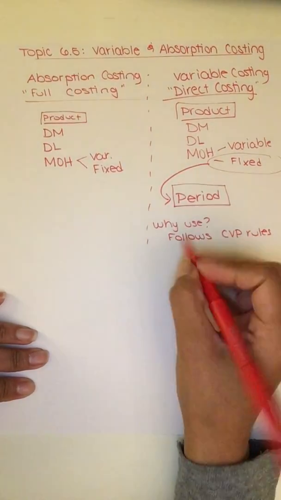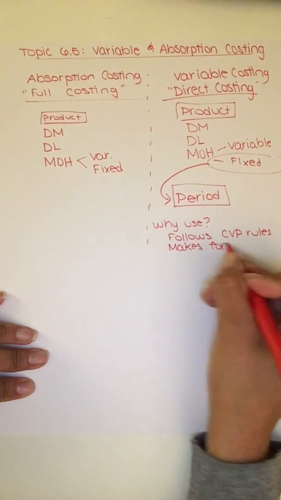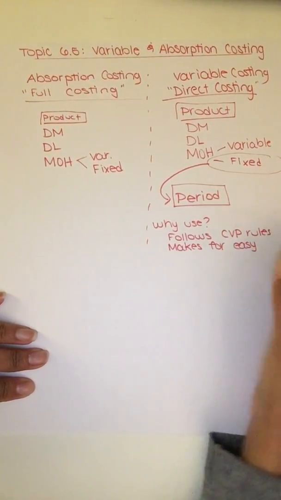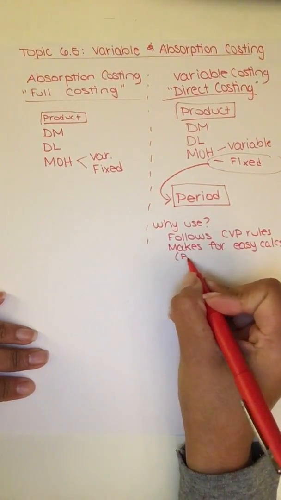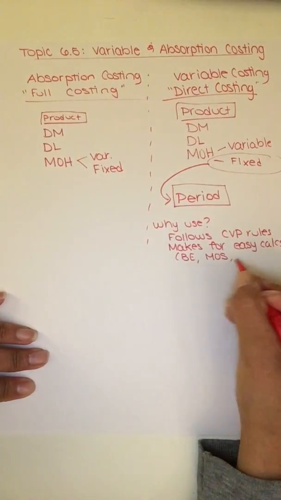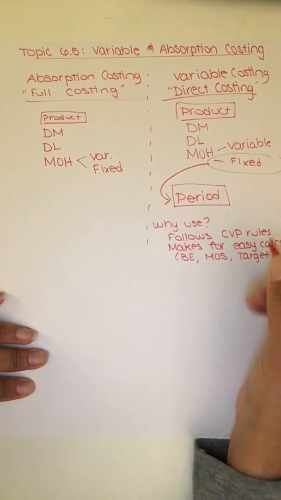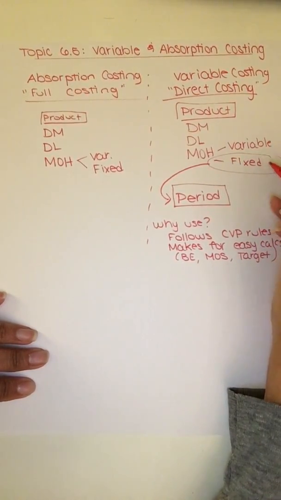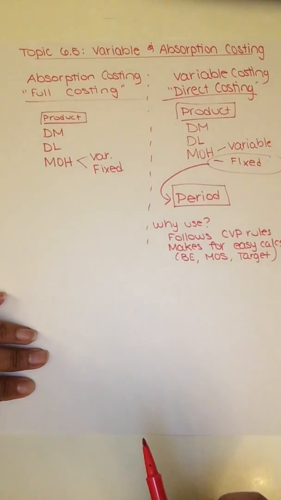So it follows that, and makes for easy analysis and calculations. Because remember all those calculations we learned? Break even, margin of safety, target profit. If we're using any of those formulas, we have to separate our variable costs from our fixed costs. So this makes it easy to proceed with those calculations.